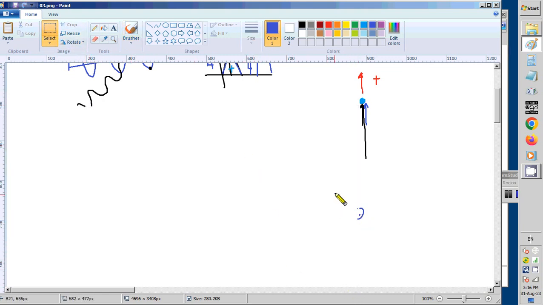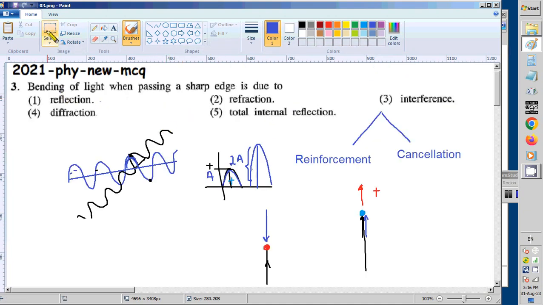If I explain it using the water particle, the black wave, being positive, pushes this water particle in the positive direction, and the blue wave pushes it in the negative direction. So no oscillation occurs. That is why it is called cancellation.